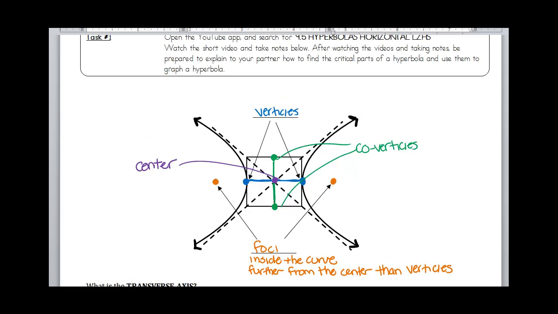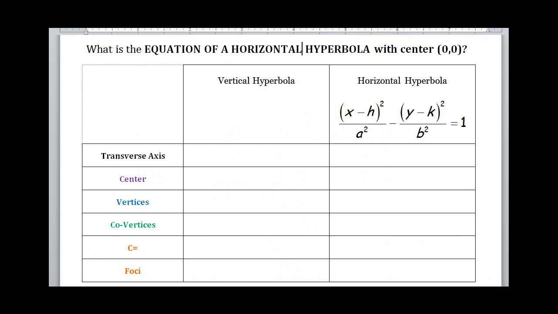Let's now look at some of the definitions. So what makes a hyperbola horizontal is where the x term or y term is. In this equation, because the x term is positive and therefore first, that's going to make the transverse axis horizontal.